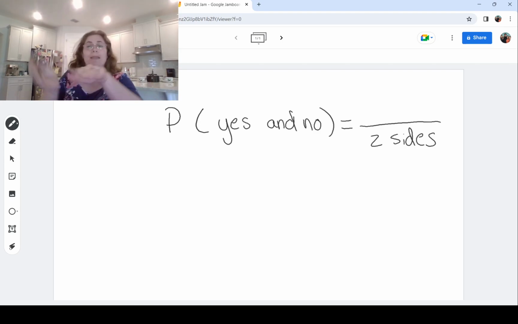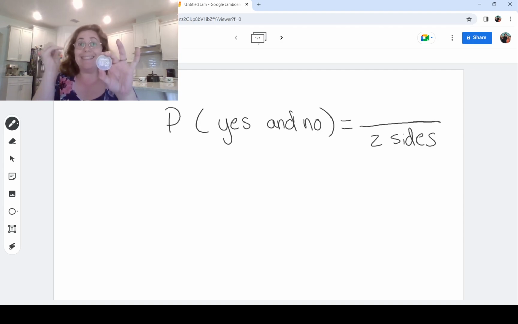Let's try one more time. I have the option of getting one side, which in this case is no, but it's not yes and no. It's just no. Same idea if I flipped it and we'll pretend I flipped it properly and I got yes. Oh, I want yes and no. This is only just yes. So the likelihood that I get yes and no at the same time is pretty much 0.